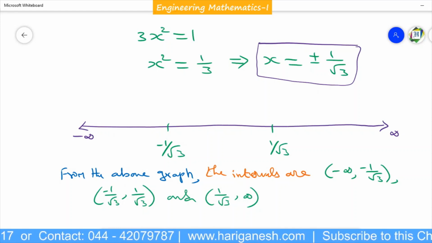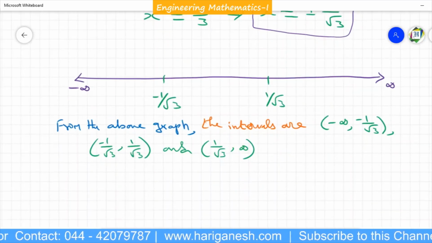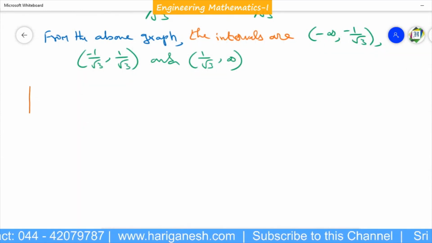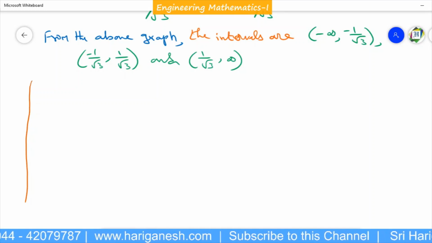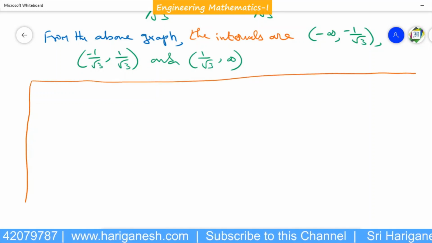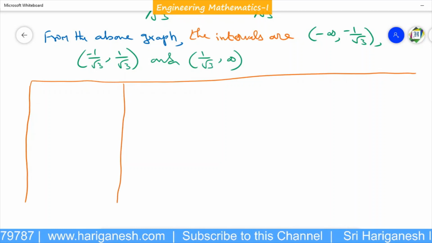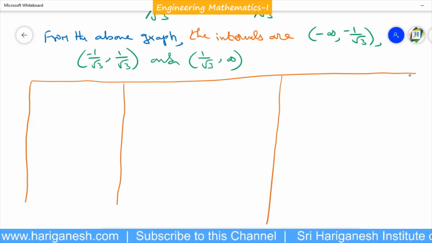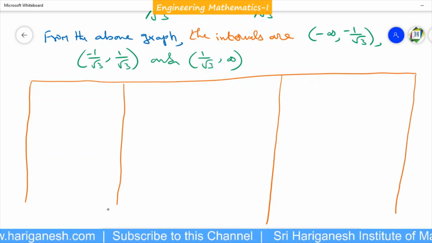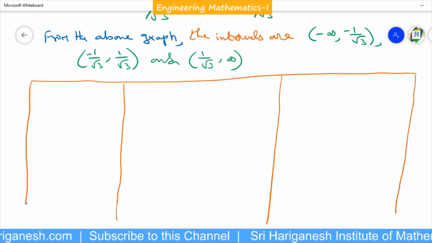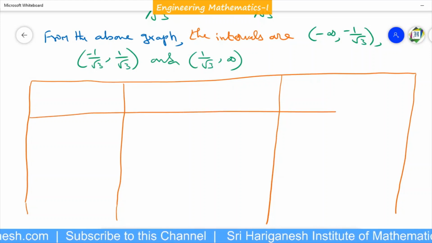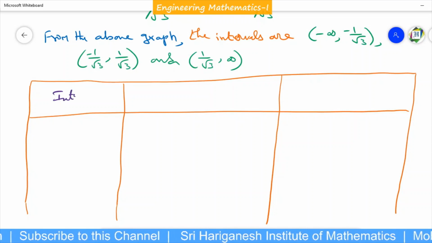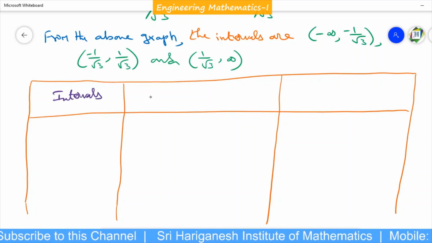For these three intervals, I want to verify the concavity. So I am going to form a table. Once again, form a table: interval, f double dash of x, and conclusion. Just write down the intervals.